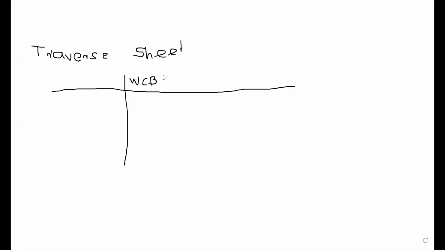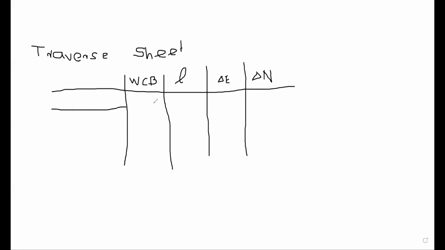In the traverse sheet, I asked you to complete up to the whole circle bearing, and the length column was there. It is the row data, and delta E, delta N. So this is where we stopped in the last session, right?